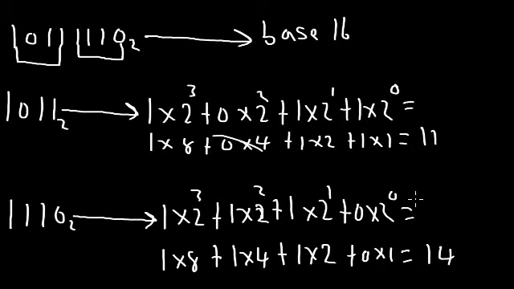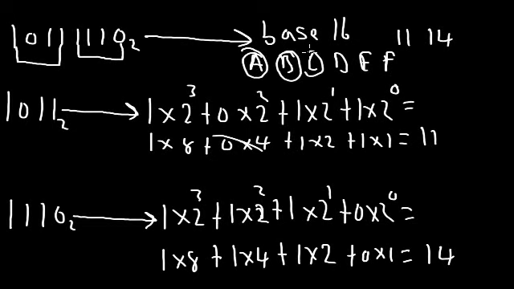So what I'm going to do right now is just combine them. So the answer will be 11 and 14. However, we can't write it as 11 and 14 because there are letters we can use to represent them. Any digit that is more than 9 at base 16 is represented as A, B, C, D, E, and F, where A corresponds to 10, B corresponds to 11, C corresponds to 12, D corresponds to 13, E corresponds to 14, and F corresponds to 15.